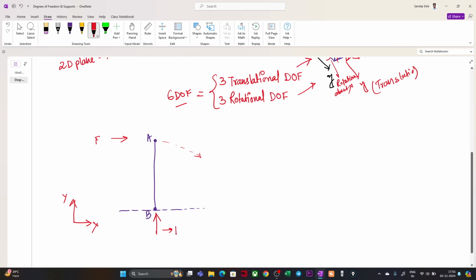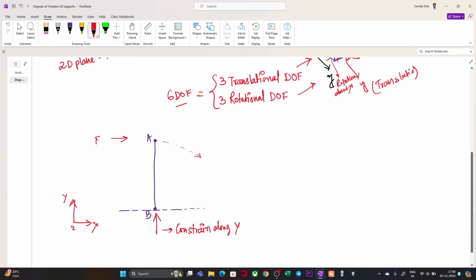So you can say it is the restriction, or I should say constraint, along y. Correct? Okay. Now we have another axis also, which is like this, perpendicular to our screen.